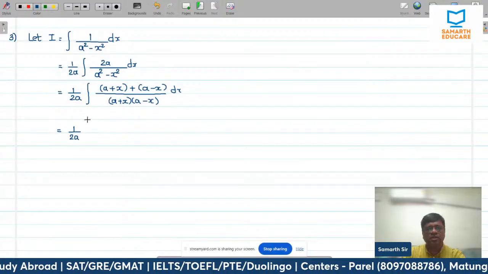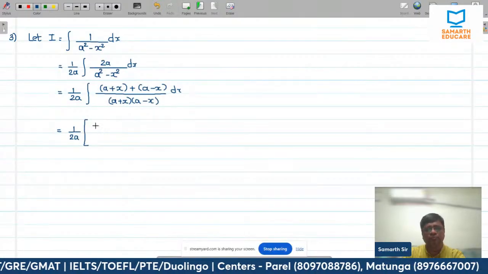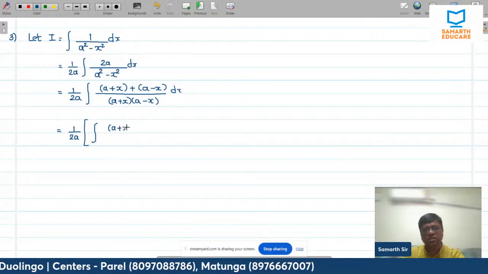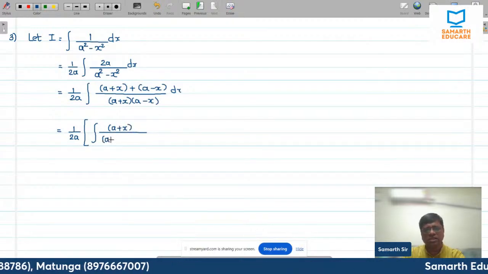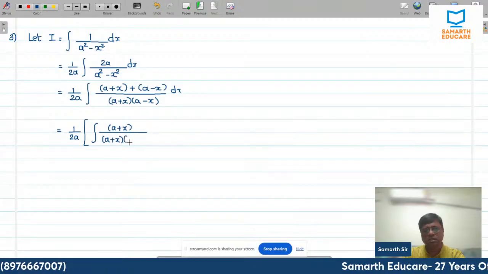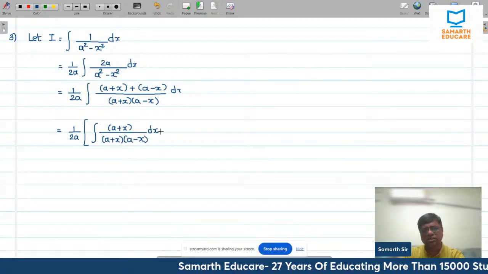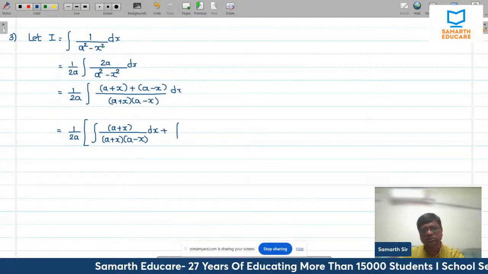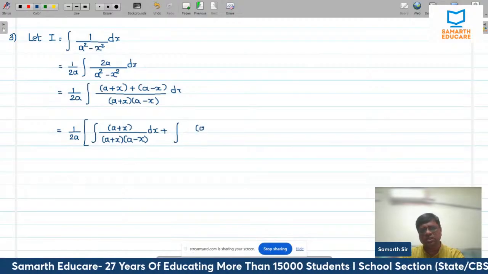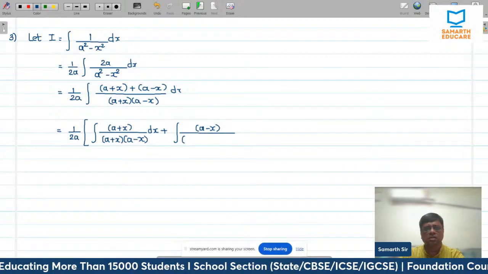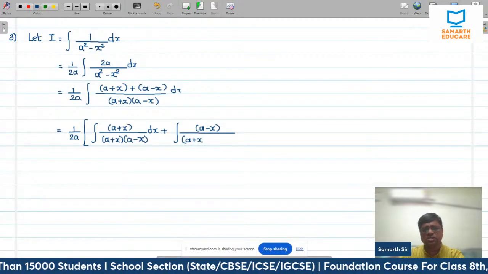We separate them, this is separation. Integration of a plus x upon a plus x into a minus x dx plus a minus x upon a plus x into a minus x.